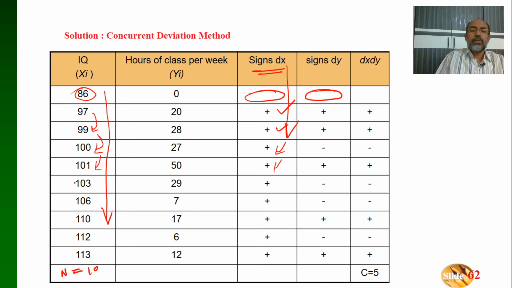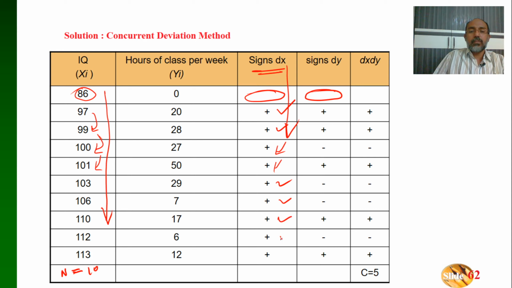Then 103, plus. 103 to 106, plus. 106 to 110, plus. 110 to 112, plus. 112 to 113, plus. So all are in increasing mode, hence you get a plus value for every one.